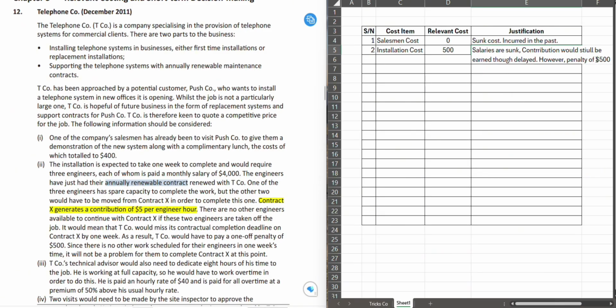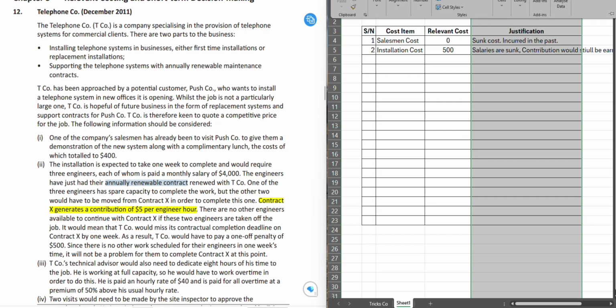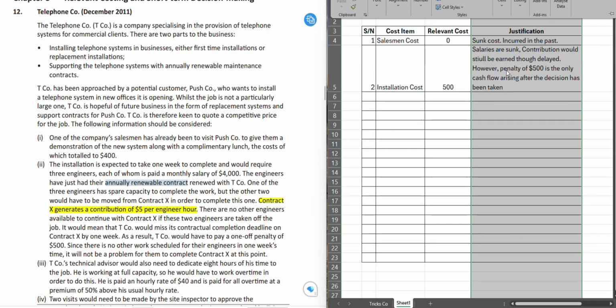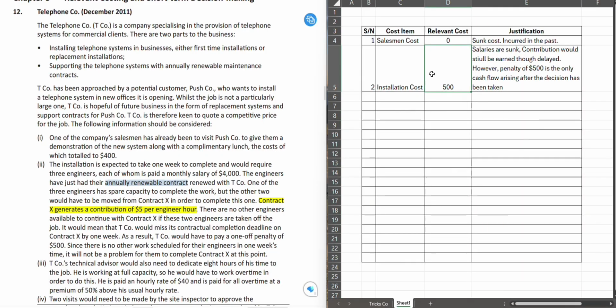It is the only cash flow arising after the decision has been taken. That's the reality. So that's why it's only 500 that will be relevant for the installation cost. I hope that is very clear.